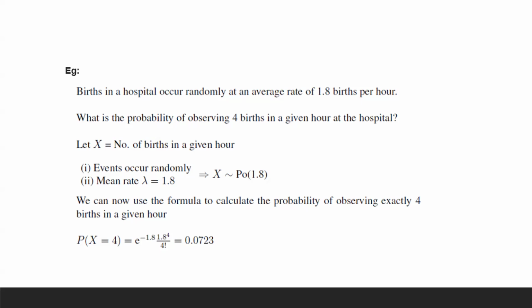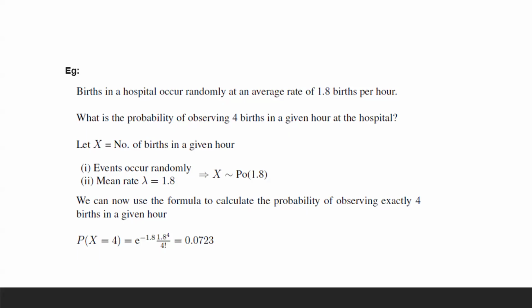The events occur randomly, and the mean rate lambda equals 1.8. Then this question is very easy. Now you need to assign those values into the formula and calculate the probability.